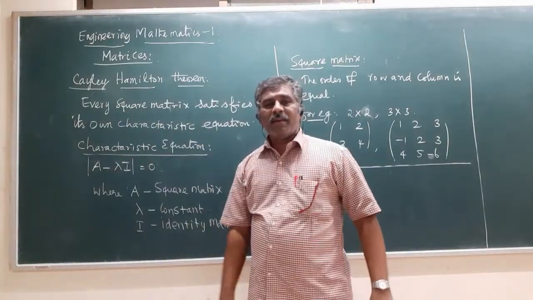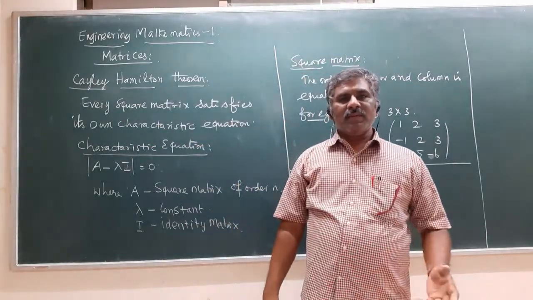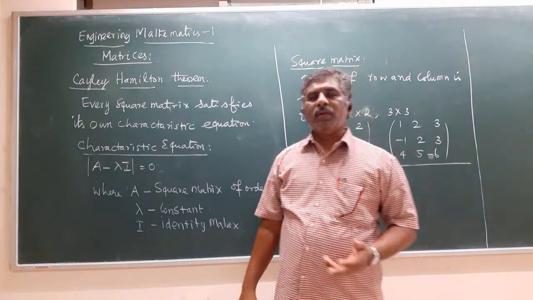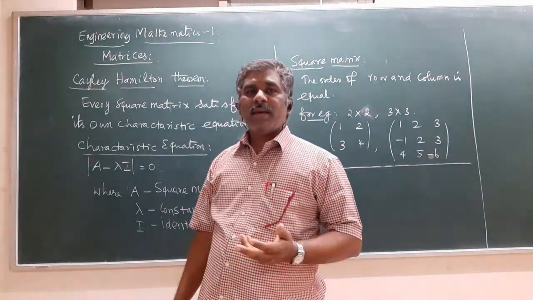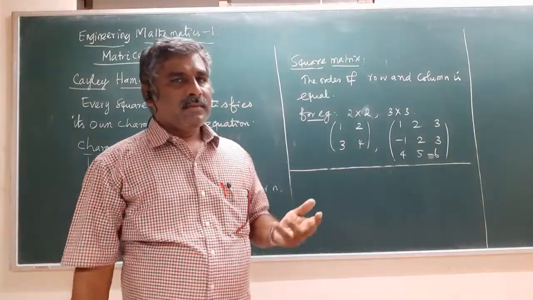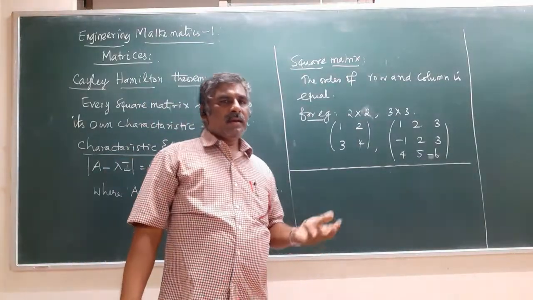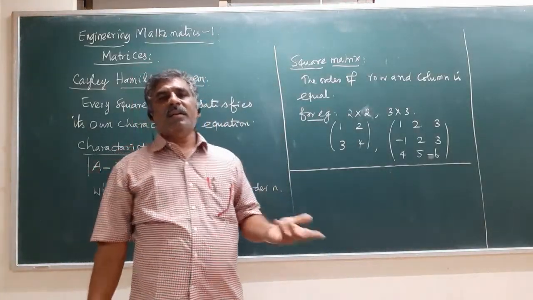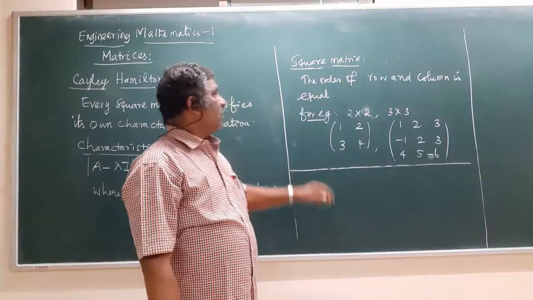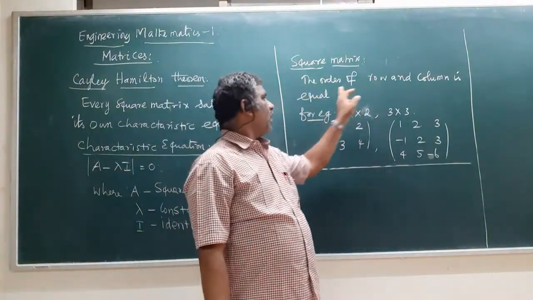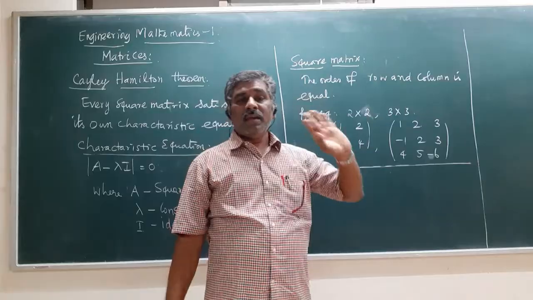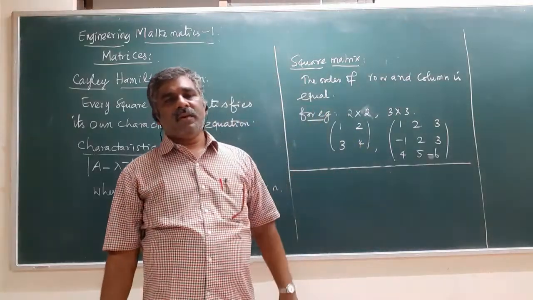Every square matrix. What is called a square matrix? A matrix whose order of row and column are equal is called a square matrix.